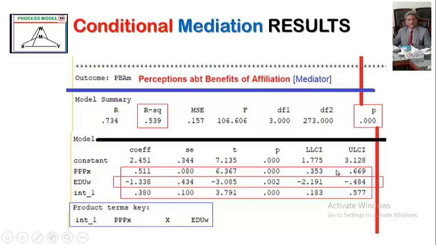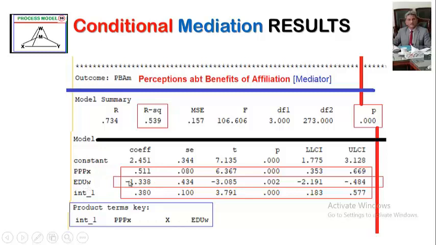Therefore, there is no chance of zero in the range. So these supporting statistics declare that the X variable, the perceptions of respondents about the political parties, has significant impact on the variations in perceptions about benefits of affiliation.